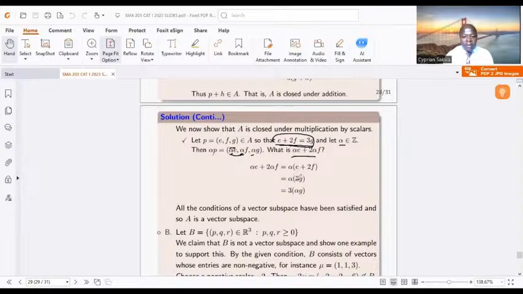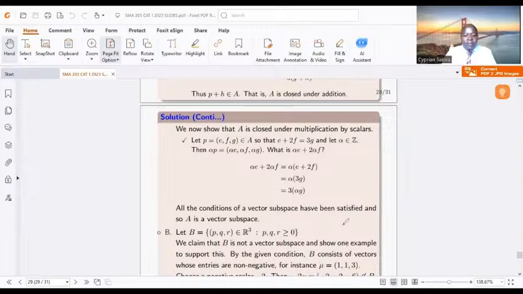And using associativity, this 3 can come out, and I have 3 into alpha G. So what we've just shown is that the first element plus twice the second element gives me thrice the third element. So again, since the 3 conditions have been satisfied, it means that the subset given to us is a vector subspace.